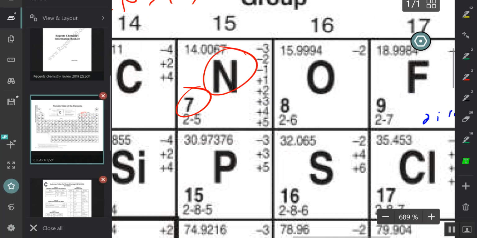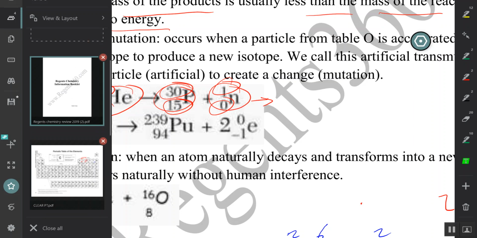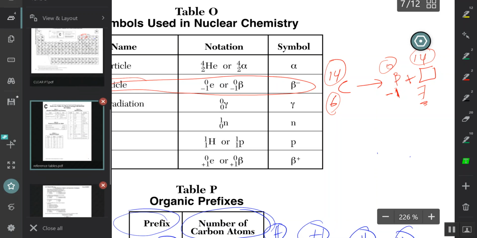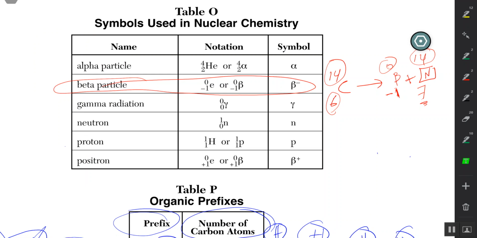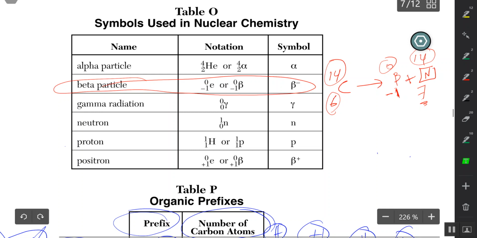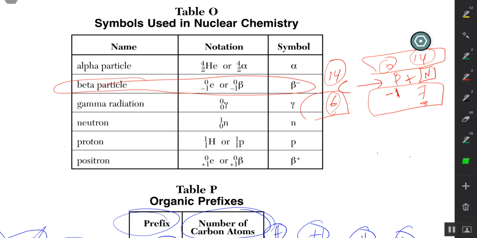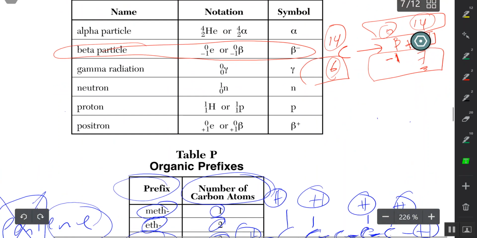So we go back here and simply write its symbol, N. And now we have a balanced nuclear reaction. The mass on the left equals the sum of all the masses on the right, and the atom number on the left equals the sum of the charges on the right. 7 plus -1 gives me 6. So this is all we need to know about nuclear chemistry.